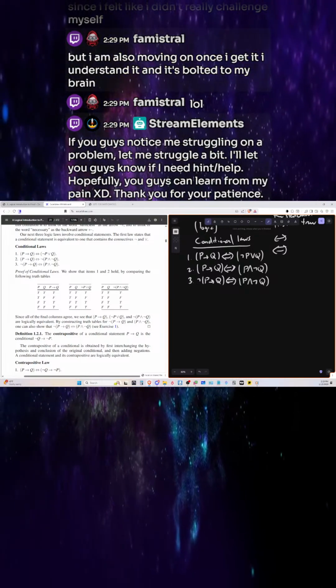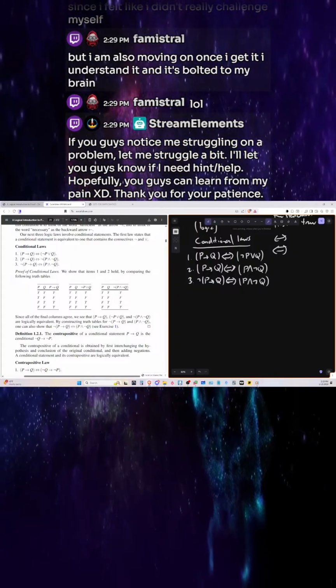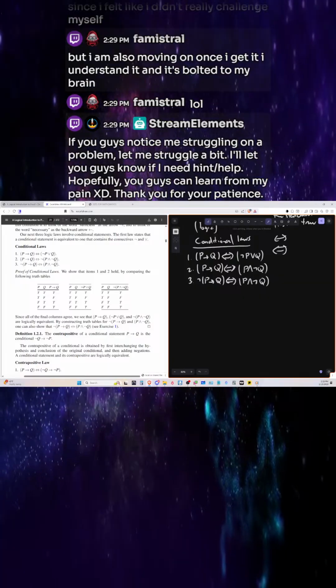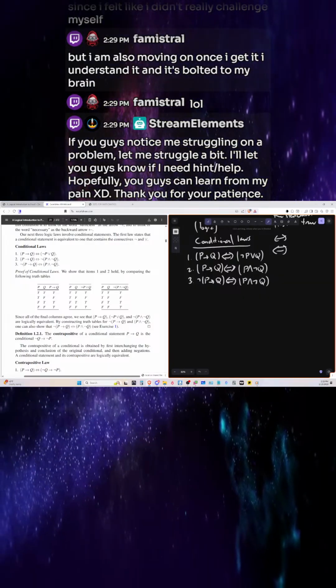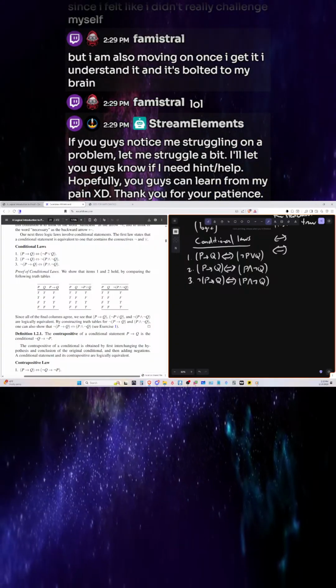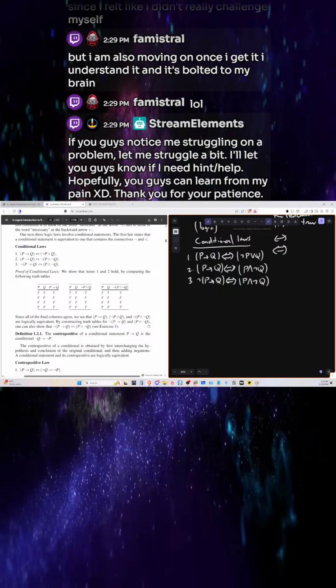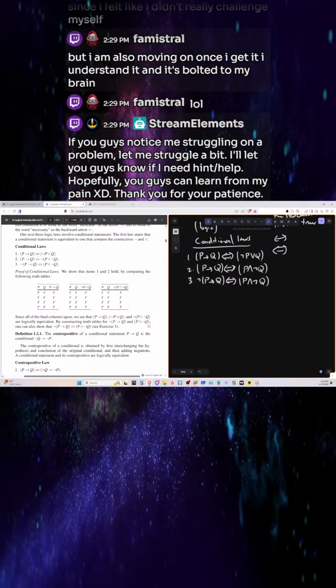Let's see. That's the reason I decided to go back to... Oh, what did I miss here? That's the reason I decided to go back to intermediate algebra courses, since I felt like I didn't really challenge myself. But I'm also moving on once I get it. I understand it's boiled in my brain. Yeah, exactly.